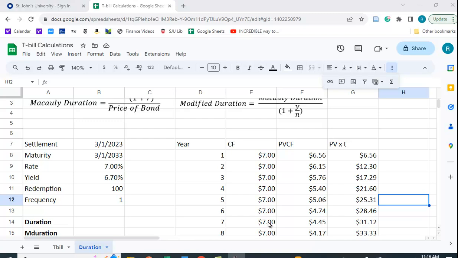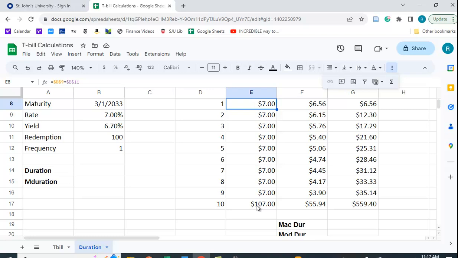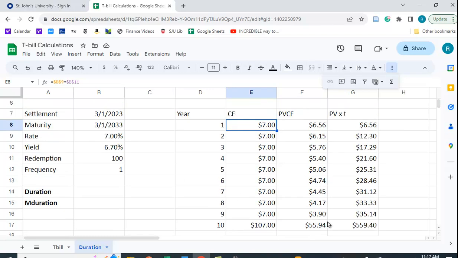Over here I did it the long way. I calculated the cash flow. The cash flow is going to be equal to the coupon rate times the redemption value, 7% times 100, $7. And in that last year you get the $7 and you get back the redemption value. Then I calculated the present value of the cash flow.